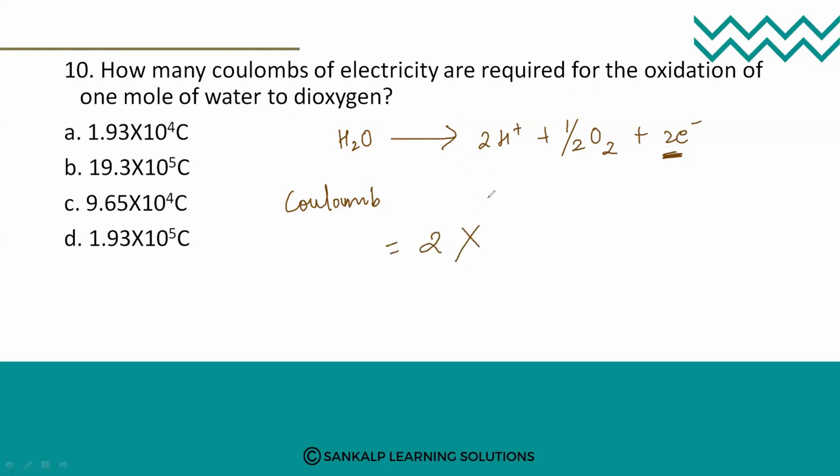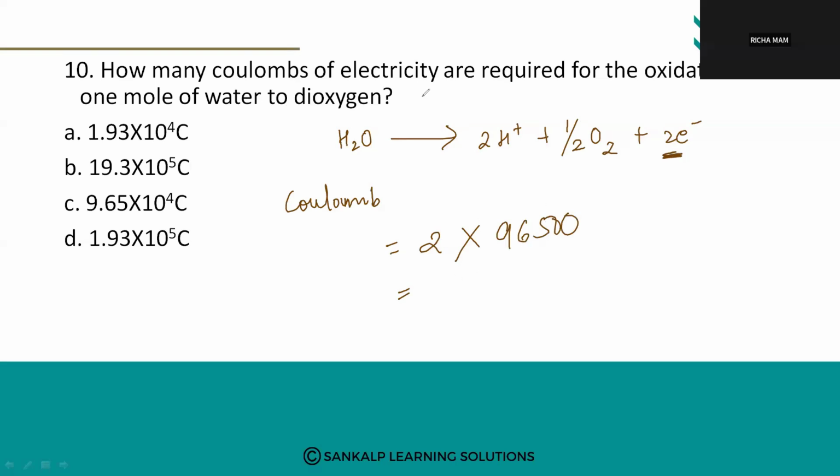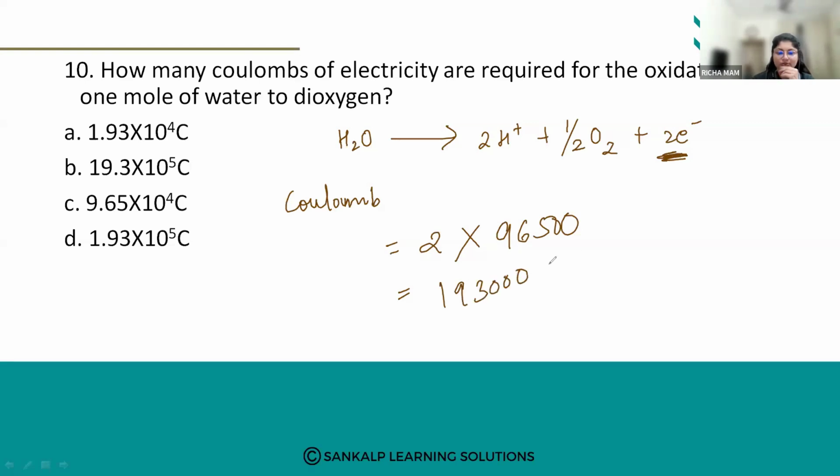To find how many coulombs of electricity are passed, you have to multiply by the Faraday, 96,500, into the number of electrons involved, which is 2. So 2 into 96,500 is 193,000 coulombs.